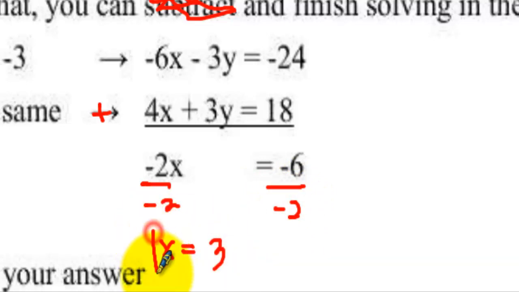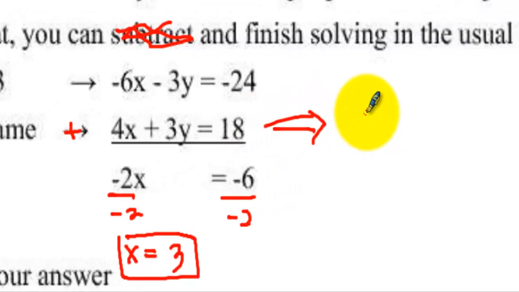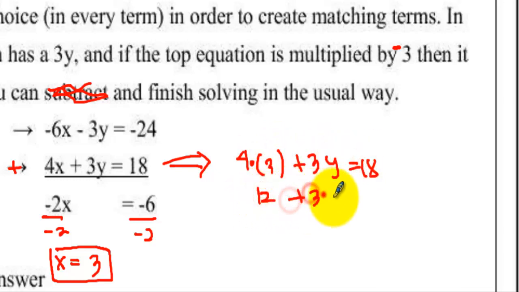Once we have a value for one of the variables, we can now use either one of the equations to solve for the other variable. In this case, I am going to use the second equation. So 4 times x plus 3y equals 18. 12 plus 3y equals 18.